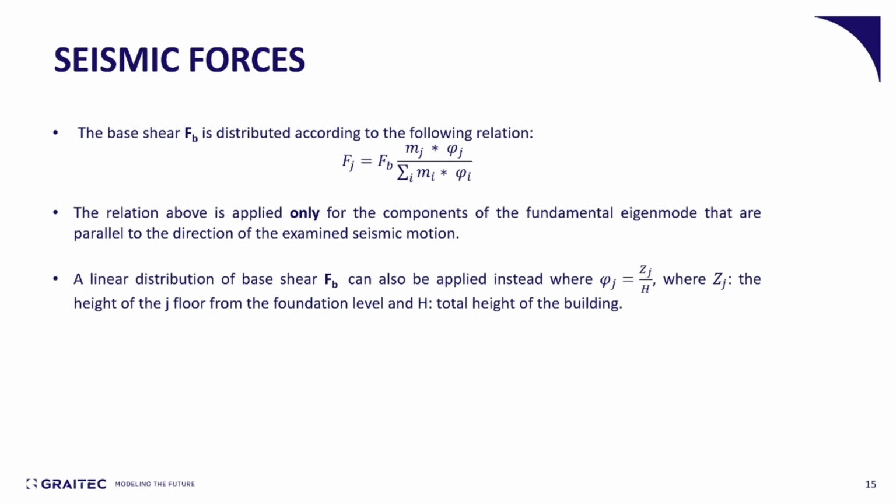A linear distribution of base shear FB can also be applied instead, that is calculated based on this rule, where j is the height of the j floor from the foundation level, and H is the total height of the building.